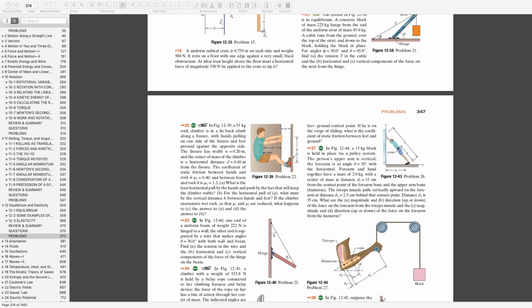But the supporting force we're ignoring because of where we set the moment being. So we're ignoring the feet. We're just looking at mg times the distance from there, and then that force.